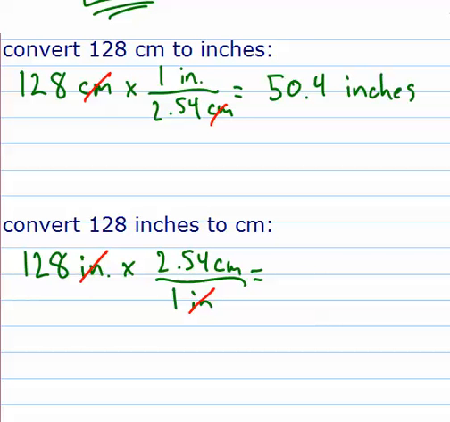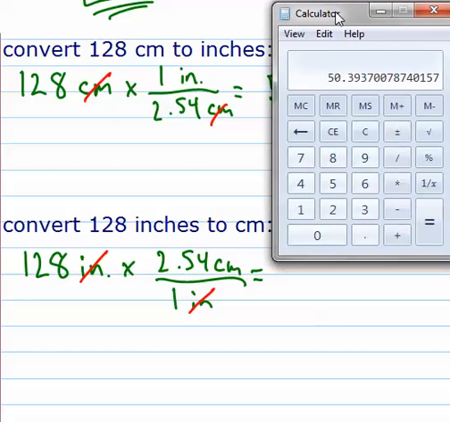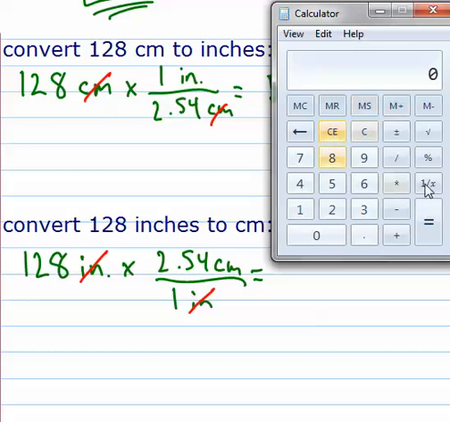So in this case, we are going to, again, get our calculator out. And now we are going 128, but now the centimeters is in the numerator, and so we are multiplying by 2.54, telling us that's 325.